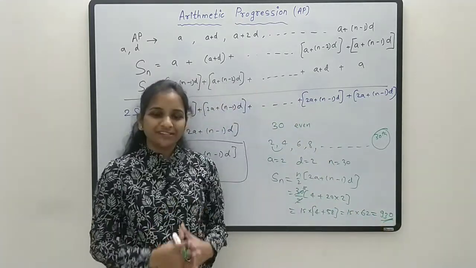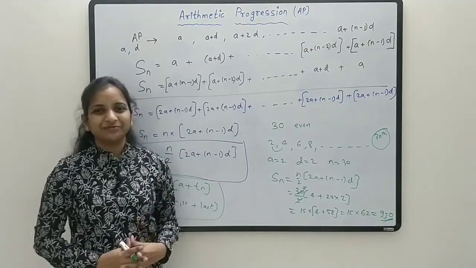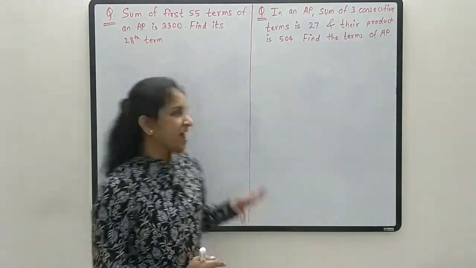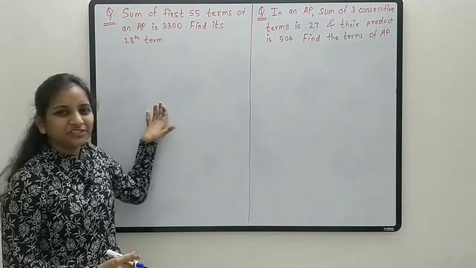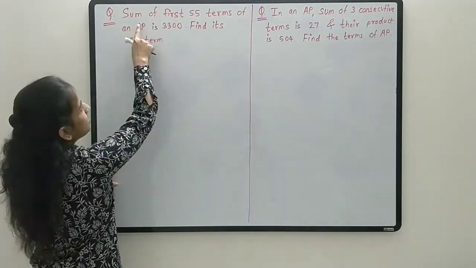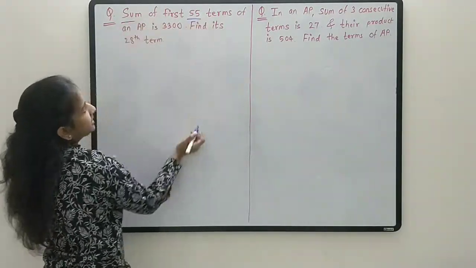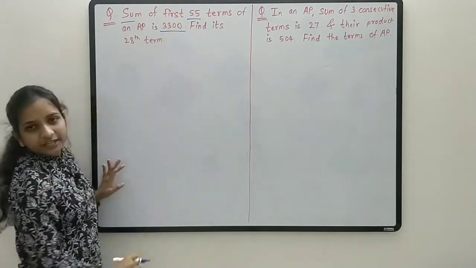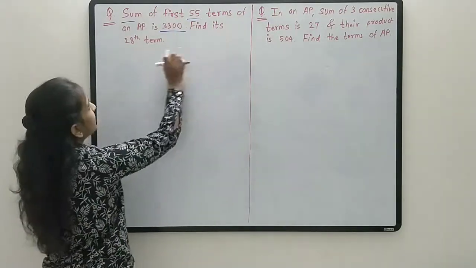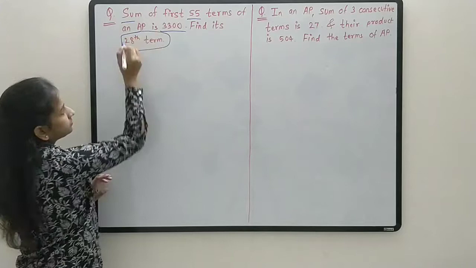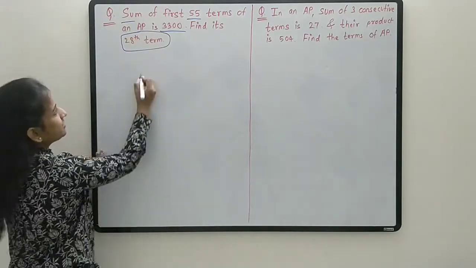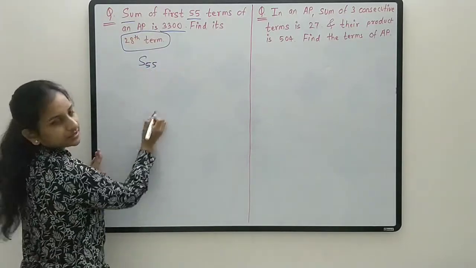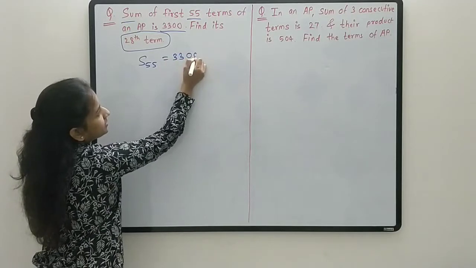Understood? Now let's solve few problems based on this sum formula. Here I have taken two problems. Let's solve this first. See what is given? Sum of first 55 terms of AP is 3300. Then find its 28th term. See what is given? Sum of 55 terms is equals to 3300.